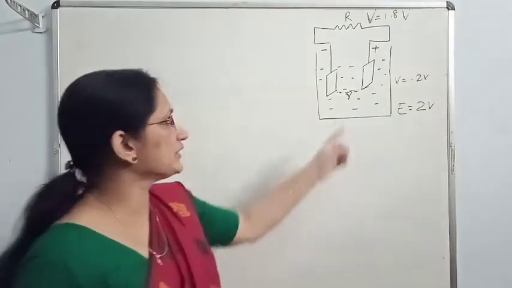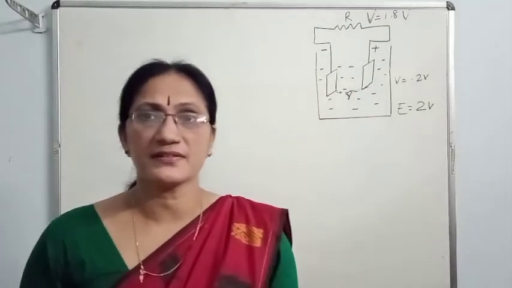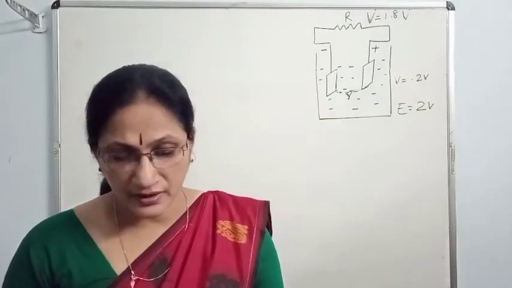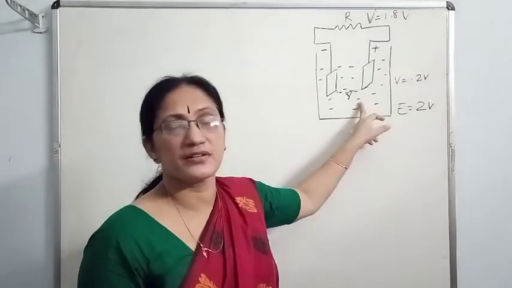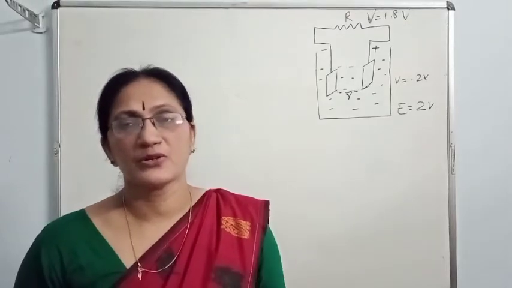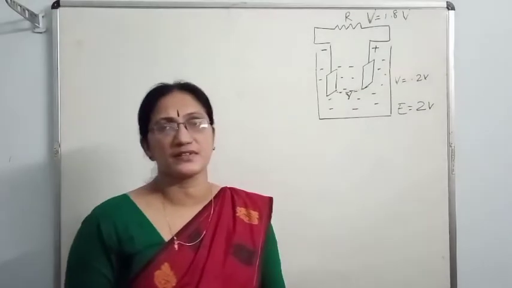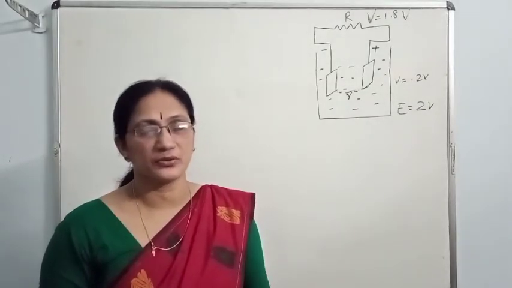Third, distance between the two electrodes: if it is less, the internal resistance will be less. And another one is density or concentration of the electrolyte: if it is high, the internal resistance will be high. So there are 4 factors that determine internal resistance of a cell.